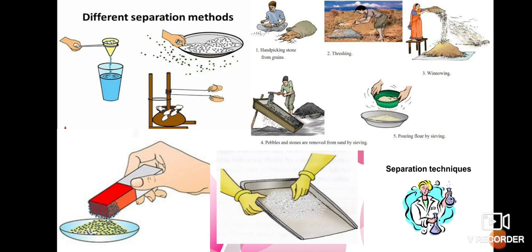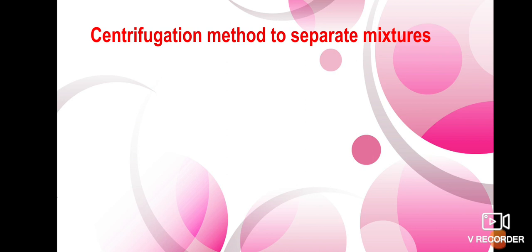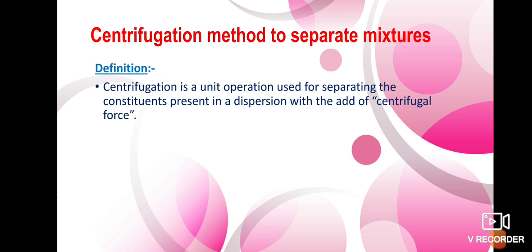Now we are going to learn some more methods which are used as physical methods as well as for field purposes. Let us learn. The first method is centrifugation to separate mixtures. What is the definition?